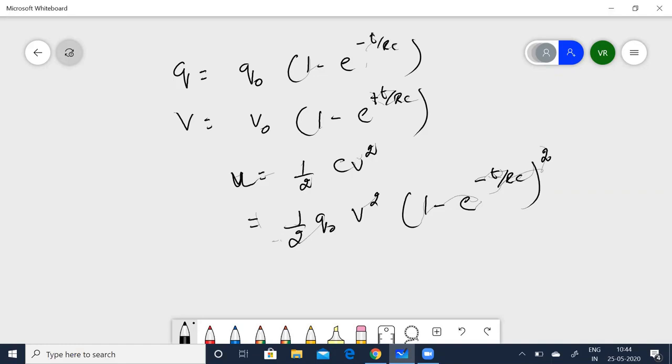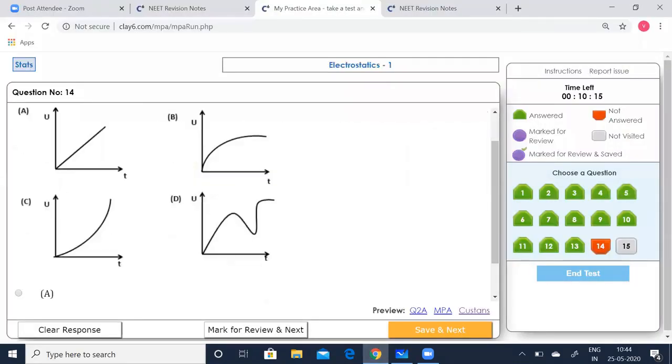Now you can see that U varies exponentially with time. It is increasing exponentially with time. So, B should be the correct option.